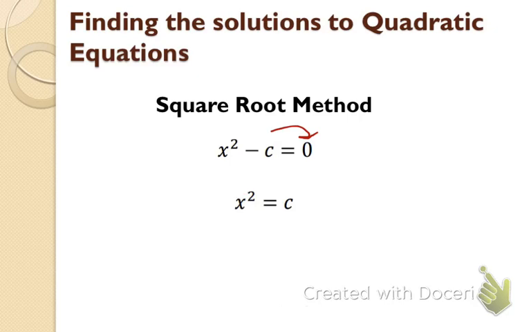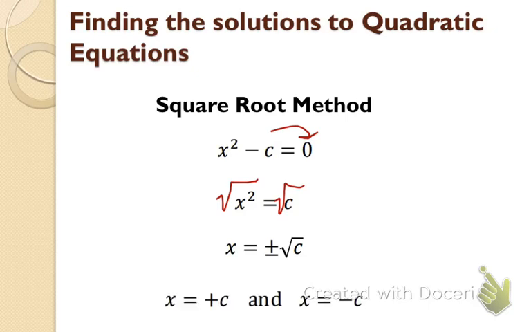Well, the inverse of a power of 2 is to take the square root. So we take the square root on both sides, and anytime you take the square root of a number, you're going to have the positive or the negative version of that particular number. So our two solutions would be x is equal to the positive side of that value, and x is equal to the negative part of that value.